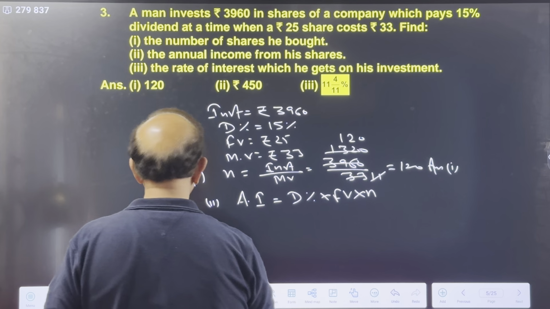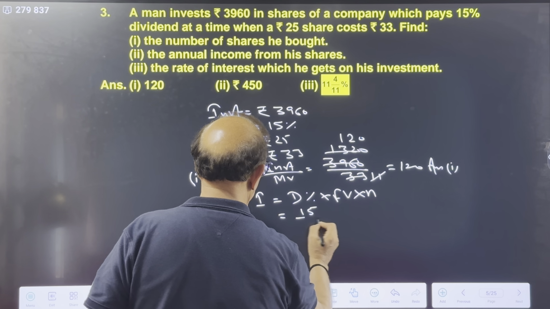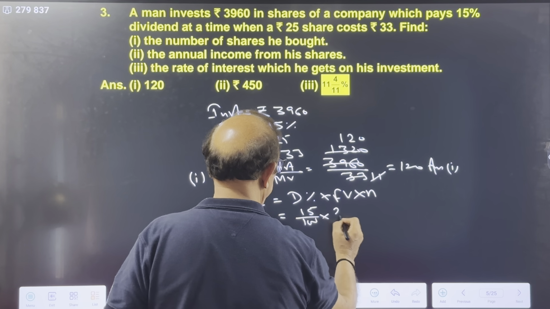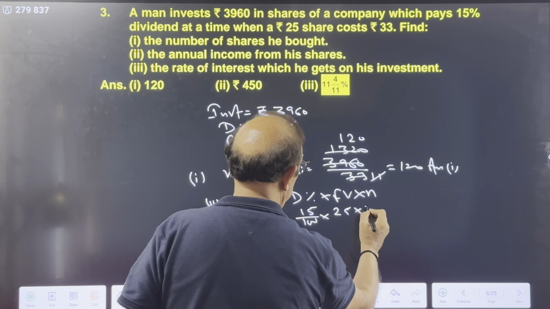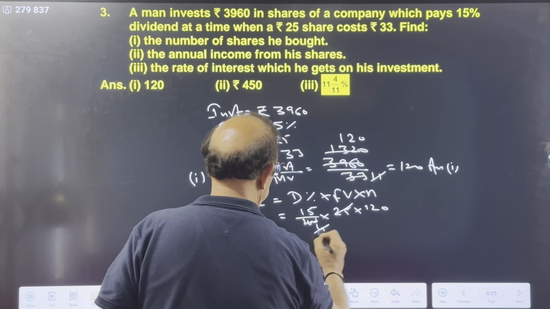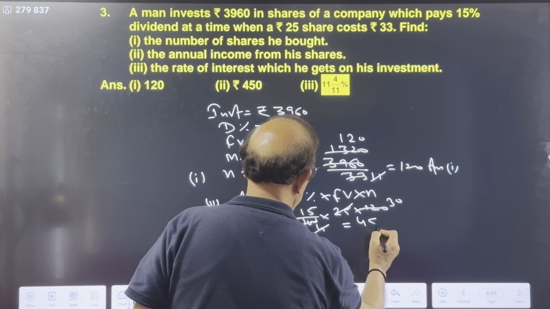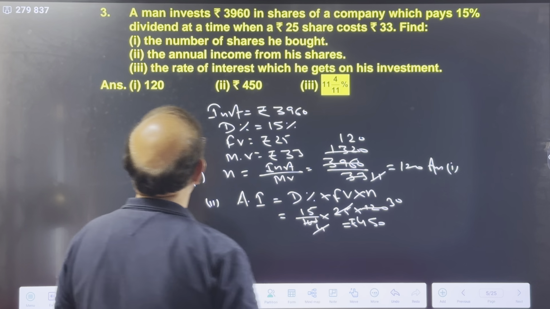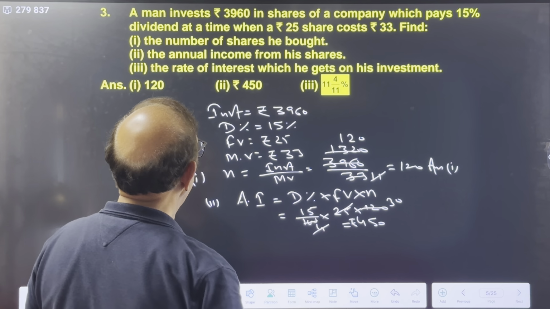Now D% is 15%, which is 15 upon 100 into face value 25 into number of shares, that is 120. 25 for the 4, 3 12 0, which is 450 rupees. 450.